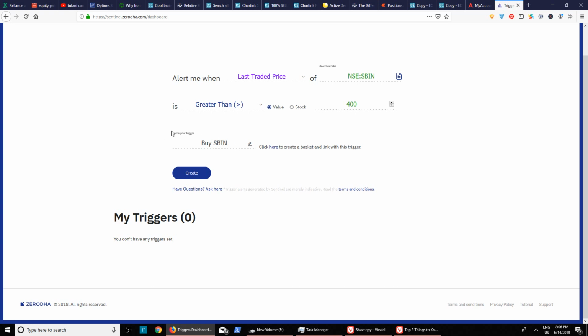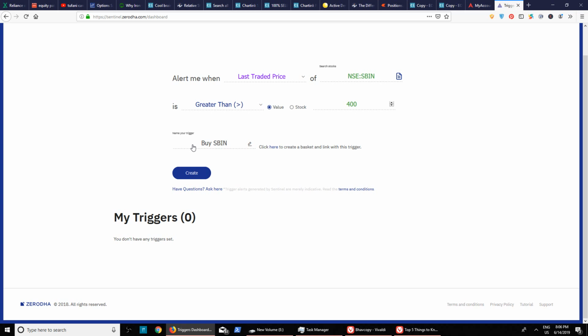I'm sorry, this is the name of the trigger which you are creating. So just like before, so that you actually recall it. If you are creating multiple triggers, this name is for your reference. Something like saving a person's name in your phone book on your mobile. You would remember someone by name, but if you have two people by the same name, you would add some kind of reference point.